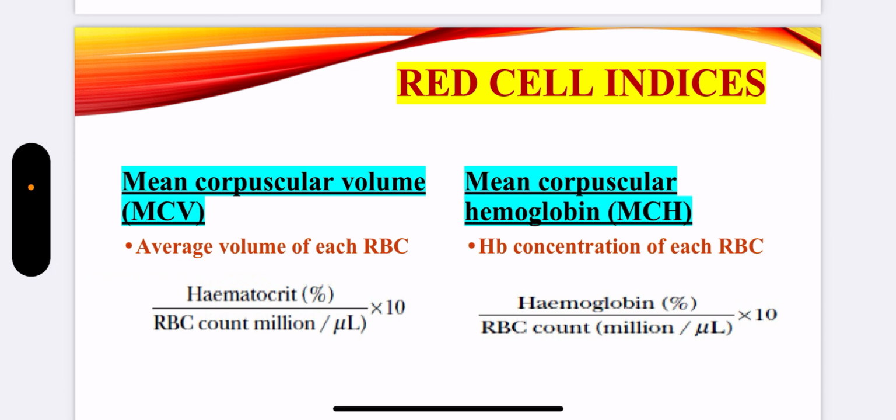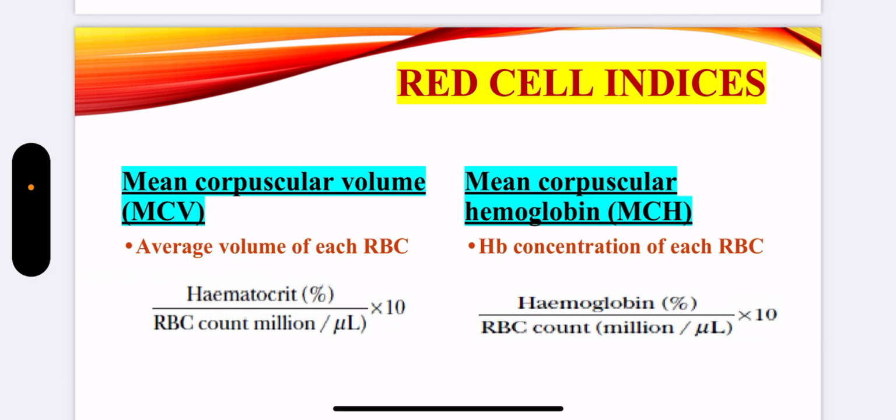First one is mean corpuscular volume, abbreviated as MCV. So MCV is basically the average volume of each RBC. It can be calculated by this formula: hematocrit expressed in percentage divided by RBC count in million per microliter, multiplied by 10.